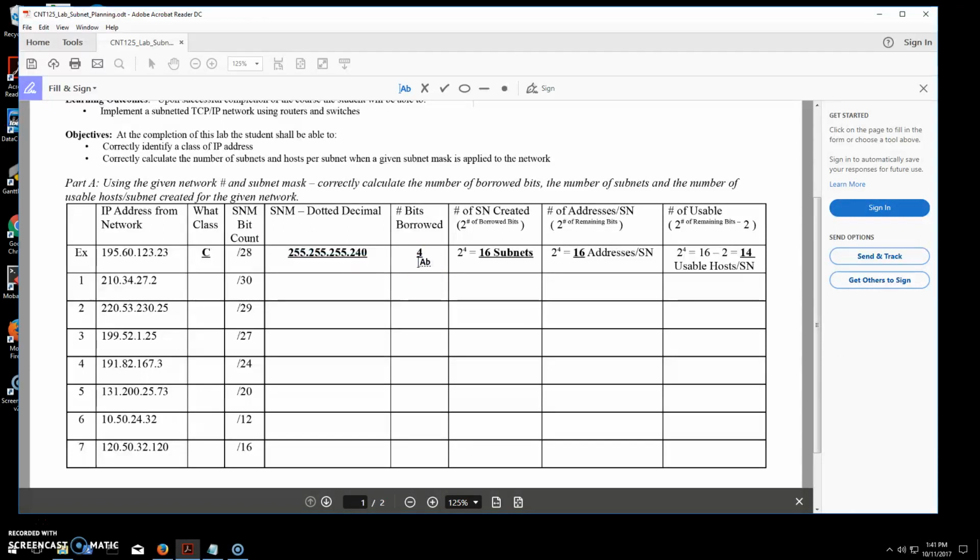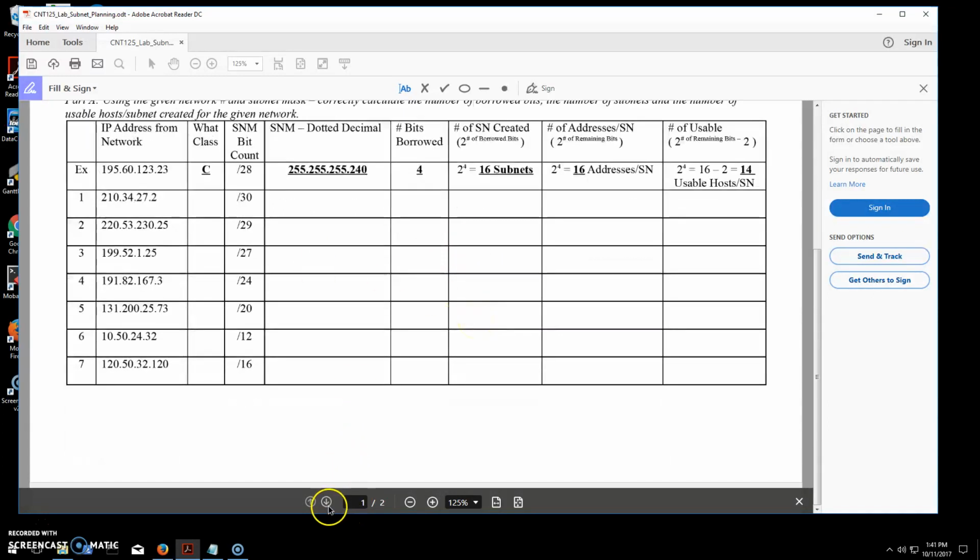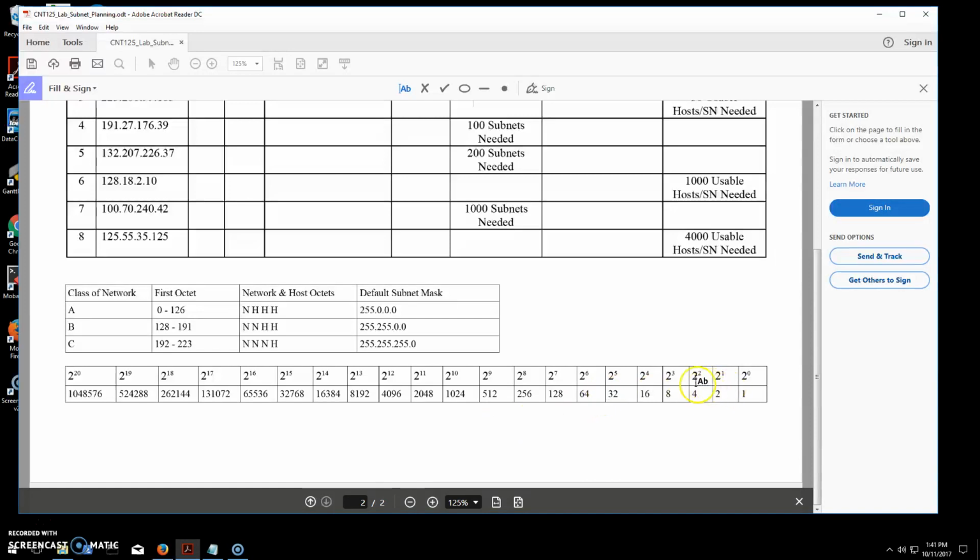So with 4 bits borrowed, if you remember our shortcut, if I look at my place values for binary, 2 to the 4, and I have them on the next page down here for you, here's my 2 to the 4, right there it is. My 2 to the 4 tells me there's 16 subnets being created.